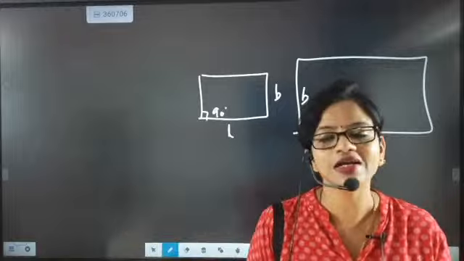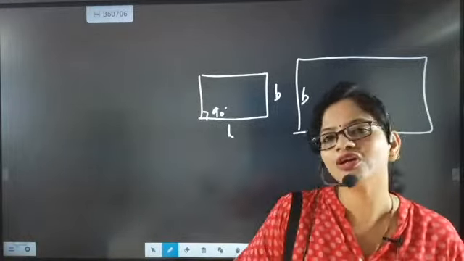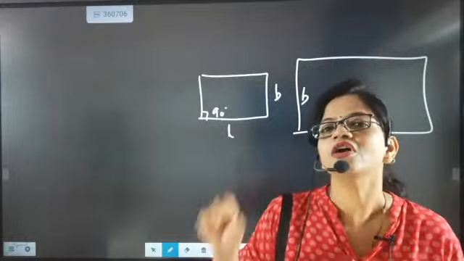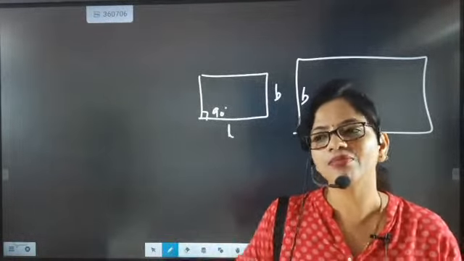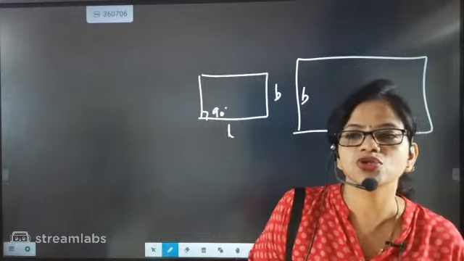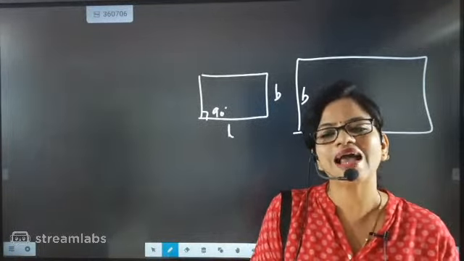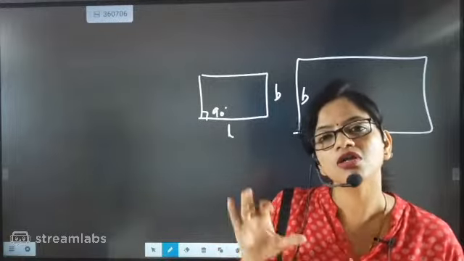If lengths, angles, everything is the same and area is the same, then the two figures are congruent. But if the corresponding sides are in ratio and the angles are the same, then the figures are similar but not congruent.